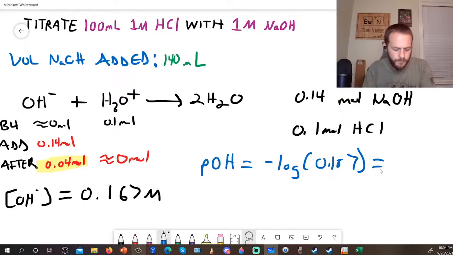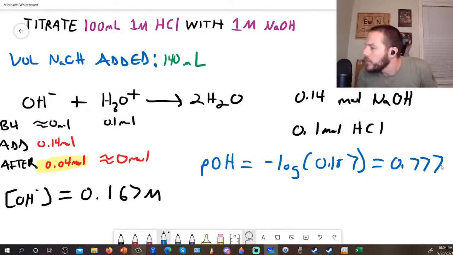Okay, so negative log of 0.167 ends up being 0.777. I mean, you said 0.778. I'm not sure who's rounding incorrectly here. I got 0.777, it's like 0.7772, whatever. Anyway, it's probably not that big a deal, but I'm just going to stick with that.